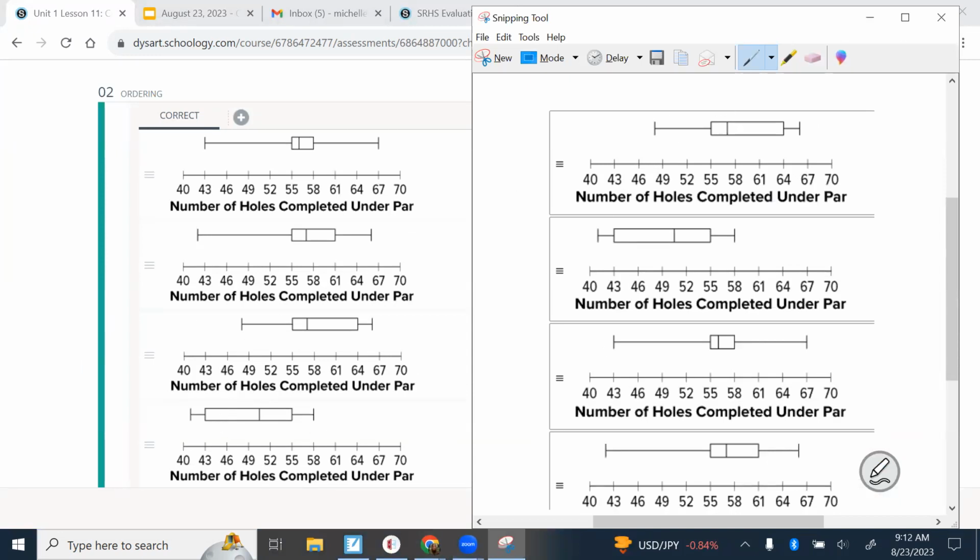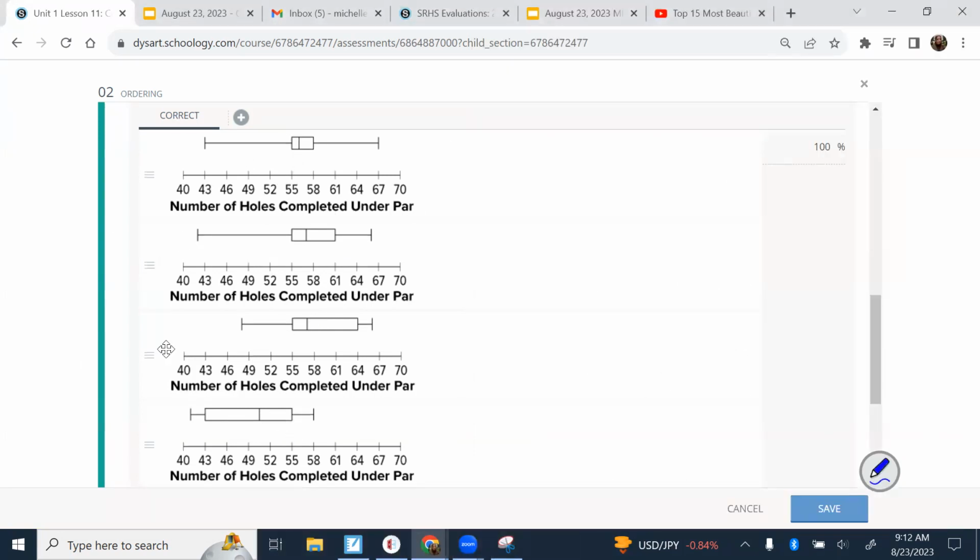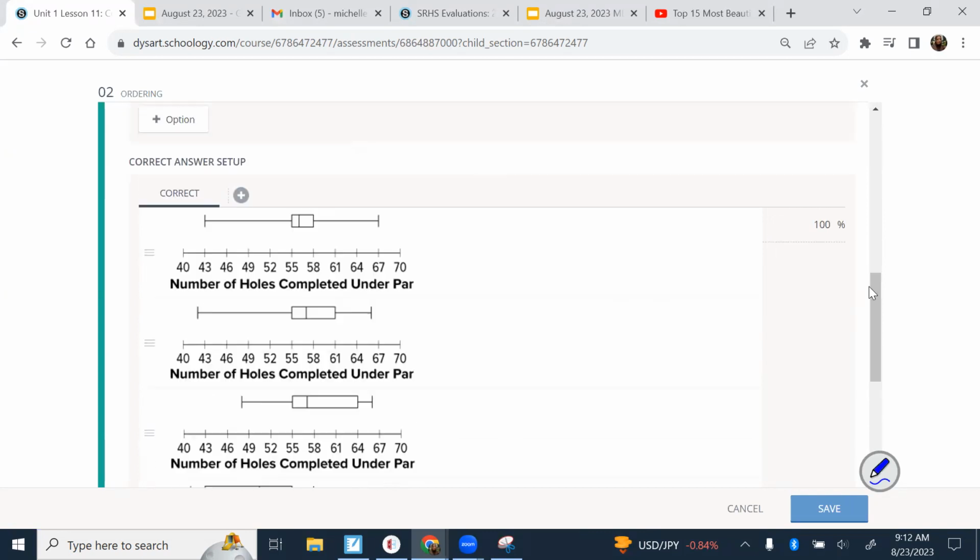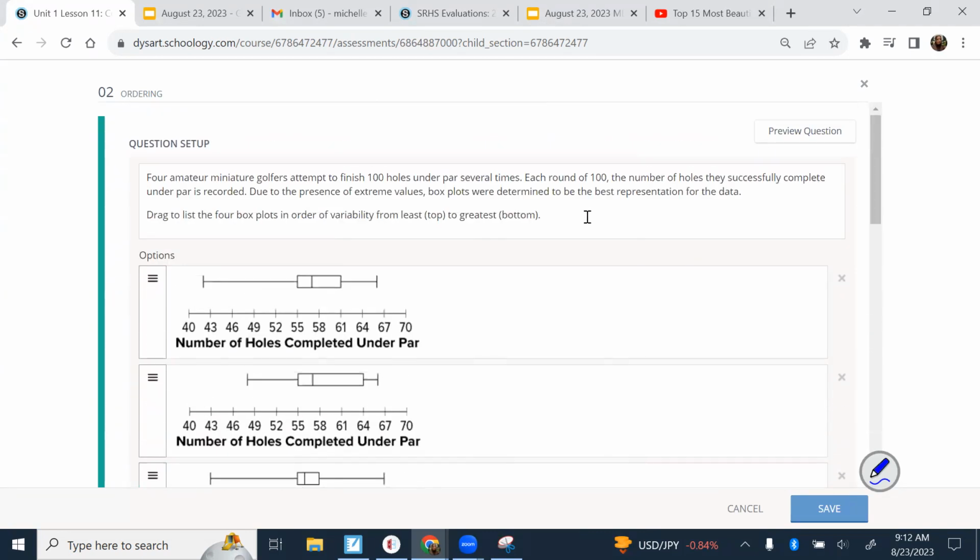So I'm guessing what they want is for you to look more at the IQR versus the range. All right, so sorry. Here's what it wants it to be, so you could change it to that. So we're going based off of the IQR. The smaller the box, the less spread out it is. I'll put a hint: use IQR.